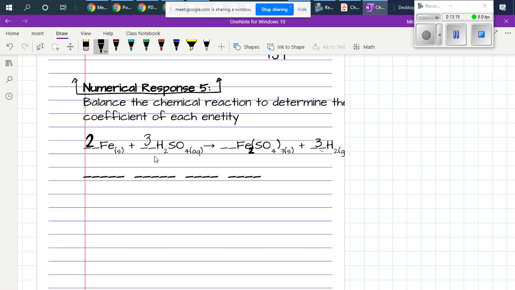Are you here with me? Okay. So the coefficient of 1 is invisible in chemistry, and in most cases in math. When we have a coefficient of 1, we don't write it.